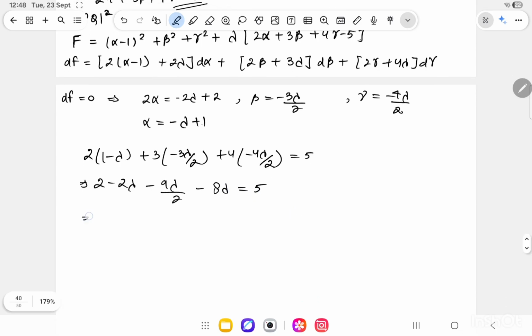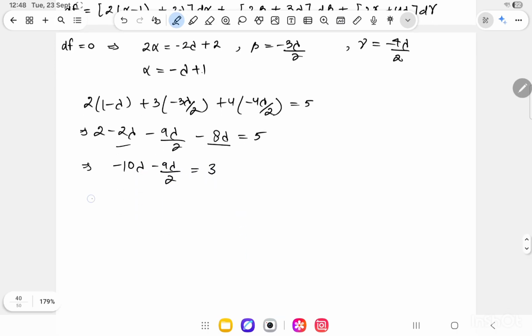So that simplifies to minus 10 lambda minus 9 lambda by 2 equals 3. If I simplify it, I'll be left with minus 29 lambda by 2 equals 3. That gives my lambda as minus 6 by 29.